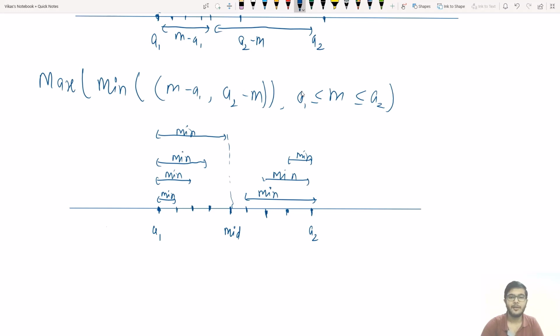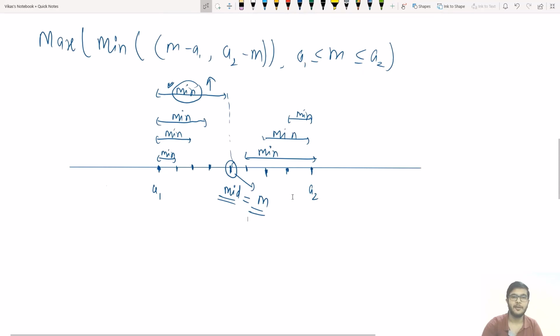So at which point is my min maximized? At mid, my minimum is maximized, it is greatest. So we are going to consider m as mid, because this m maximizes our minimum values.